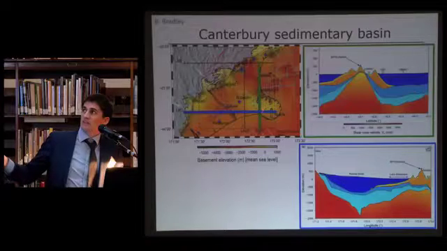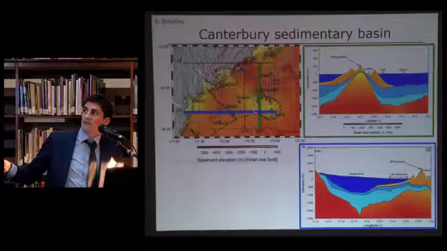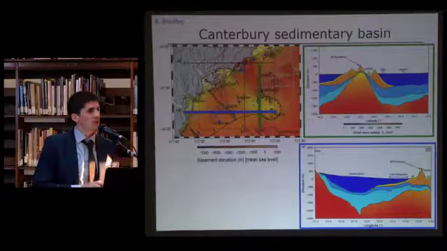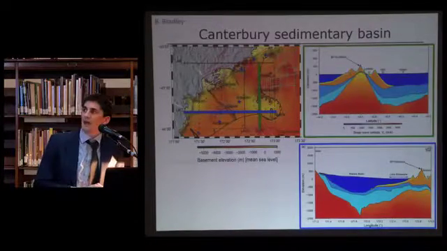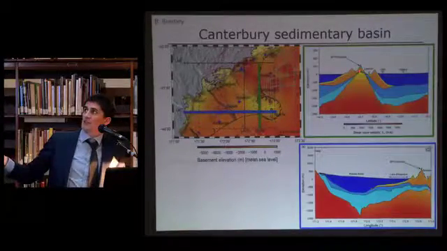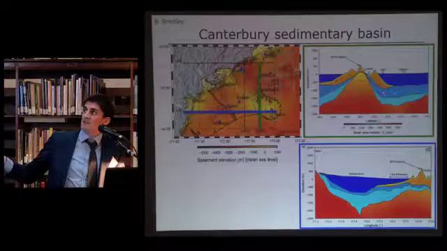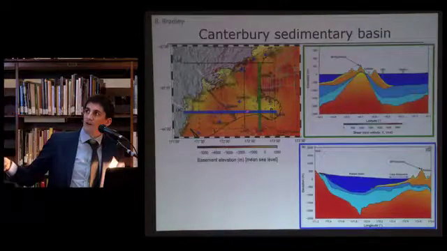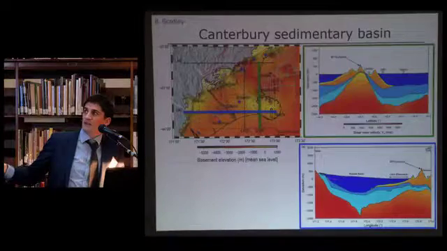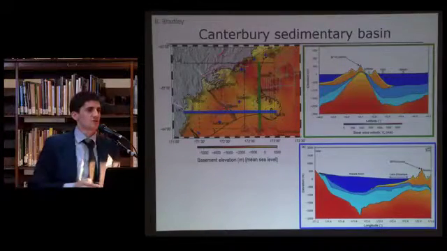When we take a cross section through here, we see this image on the top panel, where this area is the Banks Peninsula volcanic complex, a 6 million year old volcano. And so then as we move northward from there, you see this thickening of the sediments, and then vice versa, as we move to the west, you see a thickening of the sediments in this direction as well.